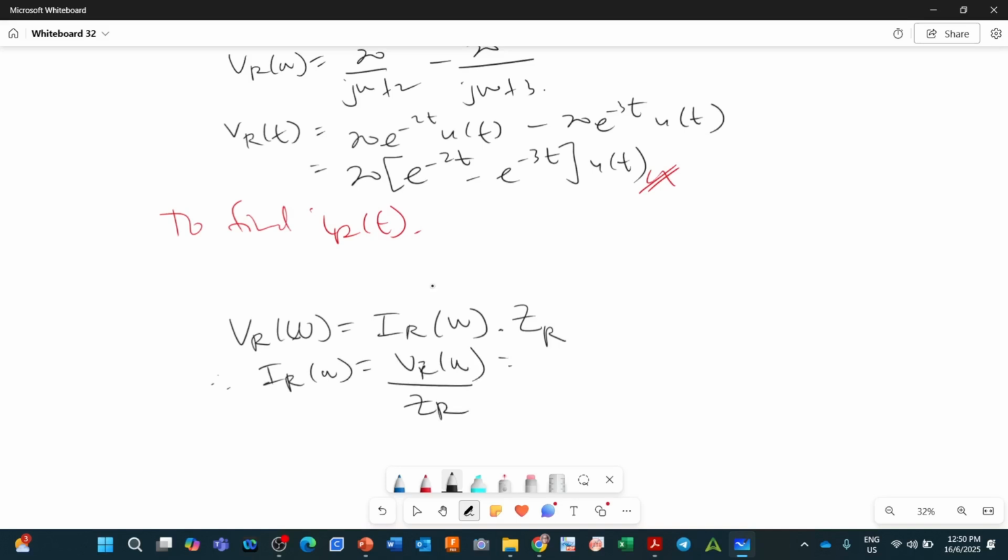What is VR? This one. So 20 divided by, what is ZR? 2, right? 2.